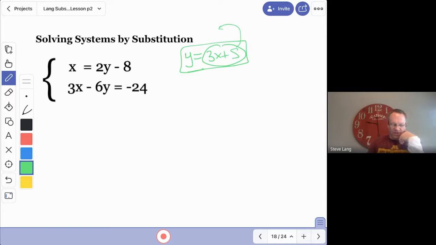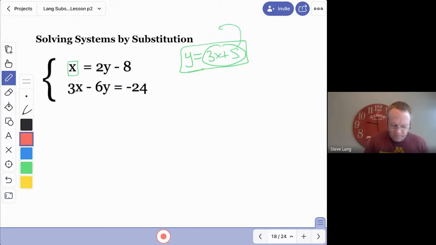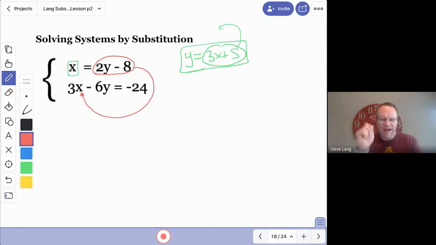If you look at this one, notice it says x equals this. So this time, instead of substituting into the equation for y, we are going to substitute into the equation for x. Okay, because I know what x equals this time, not what y equals.